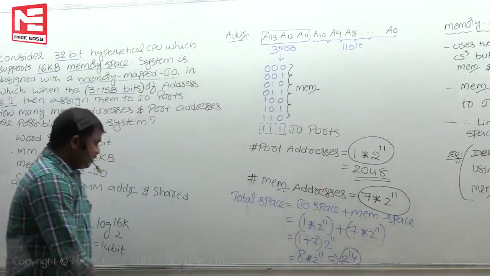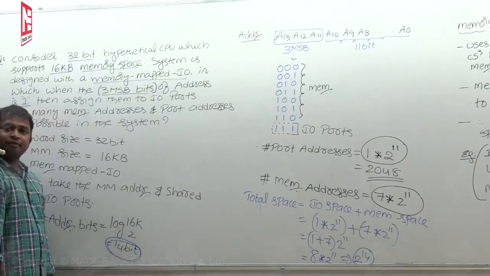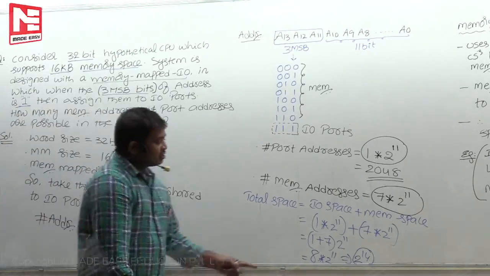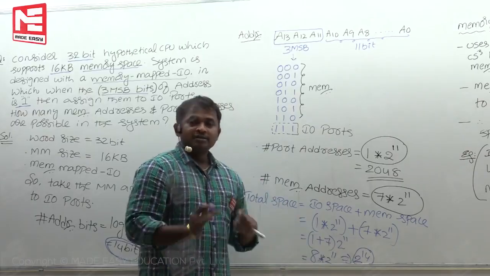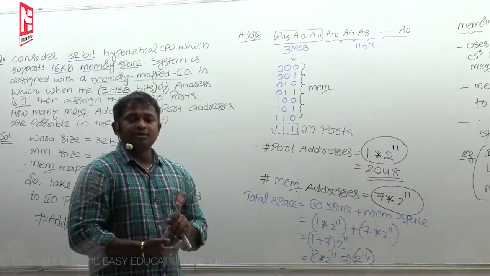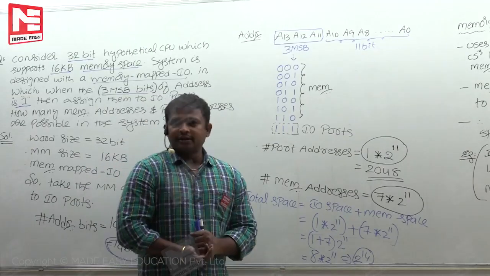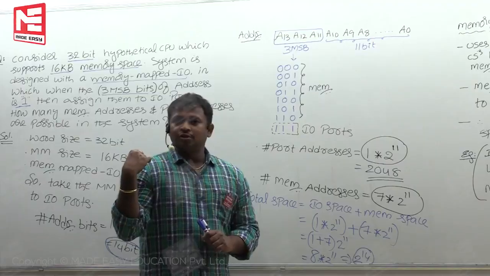Now, a 14 bit address contains 2 power 14 combinations. Here also 2 power 14 combinations. But in the 2 power 14 combinations, some of the combinations are used for IO. Some of the combinations are used for memory. So which combinations are used for IO? That is given in the question.